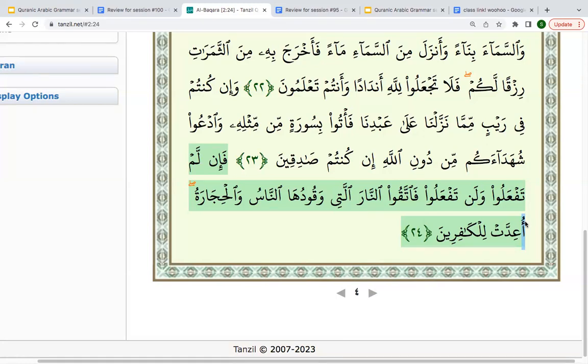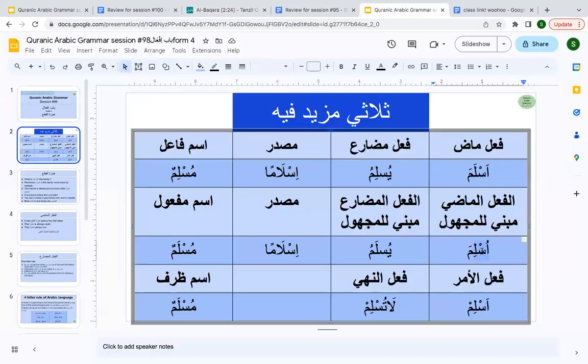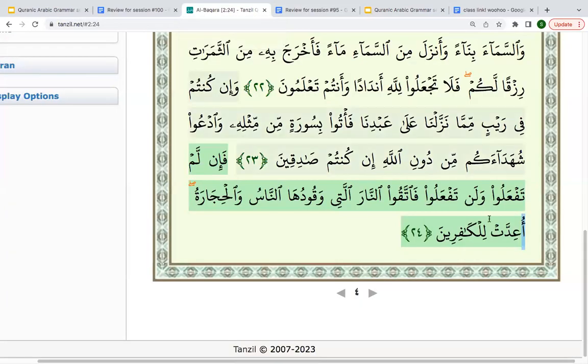So, Aslama, if you go back to your family number 4, what is the passive form? Uslima, right? So, A'adda, U'idda. In the past tense form, A'adda became U'idda.